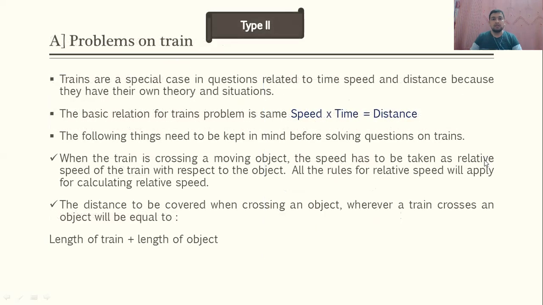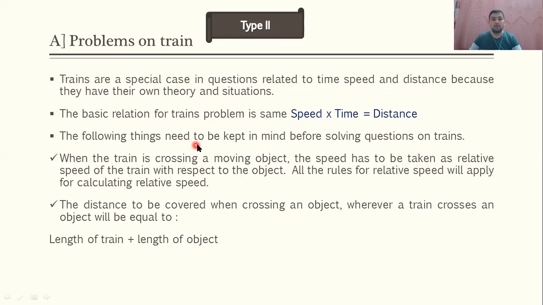Now, this is one of the most important parts of the whole quantitative aptitude, that is the problems based on trains. Okay, let us first see the theory behind it. The trains are a special case in the questions related to time, speed and distance because they have their own theory and situations. The basic relation for the train problem is the same, that is speed into time is equal to distance.